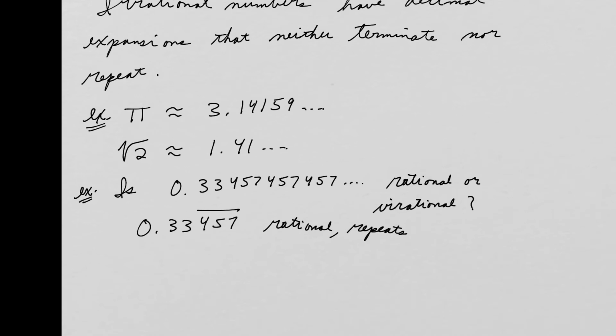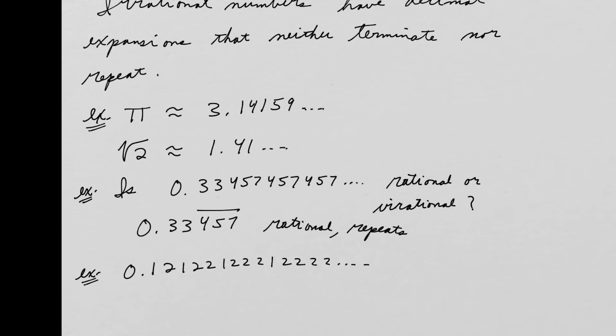What about this number? This number is 0.12, 122, 1222, 12222, and dot dot dot means the same pattern holds: a 1 and then 5 twos, and 1 and 6 twos, and so on.